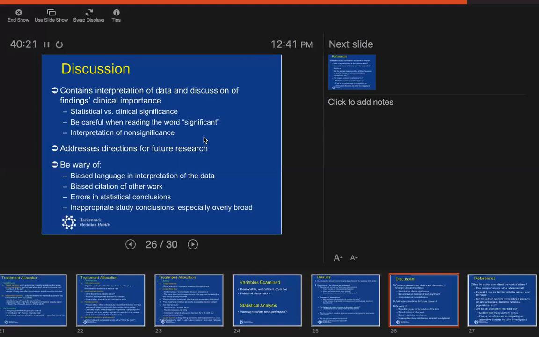And then if the study finds that the treatments were not significantly different, it's important to think about why they didn't show a difference. Was there really no difference? Or did the study not have enough samples, did not have power, was not large enough to show that degree of difference?